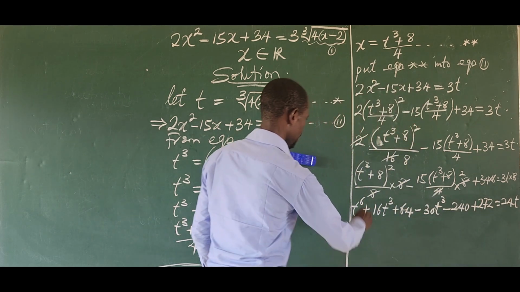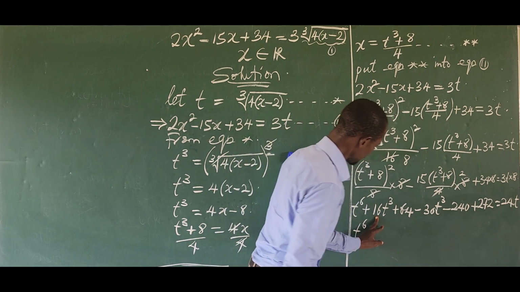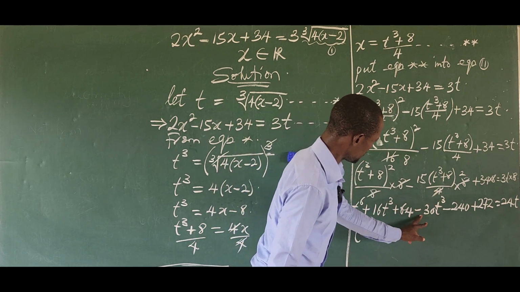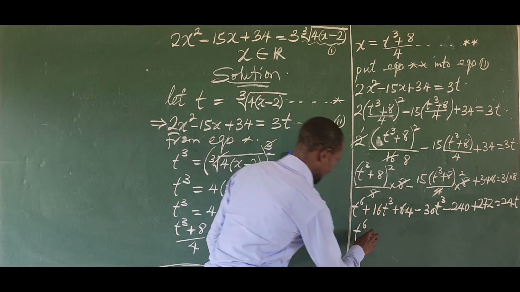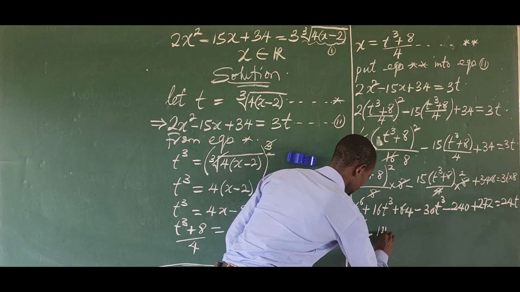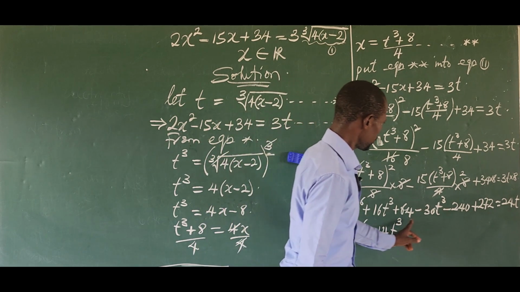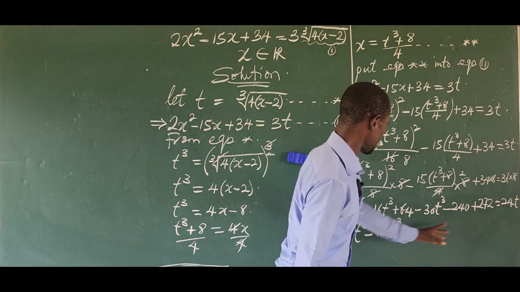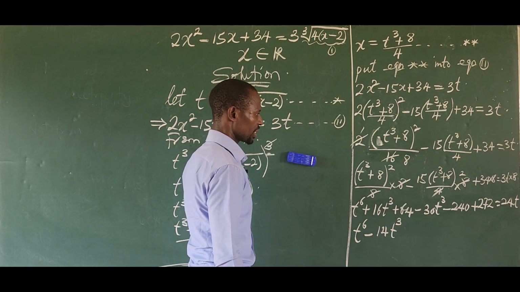So we can now bring this and this together, and bring this to the other side. So this is going to end up giving us t to the power of 6, 16t to the power of 3 minus 30t to the power of 3. That will give us minus 14t to the power of 3. All right. Then we have our t. Our t is standing alone. Bring this 24t to this other side.